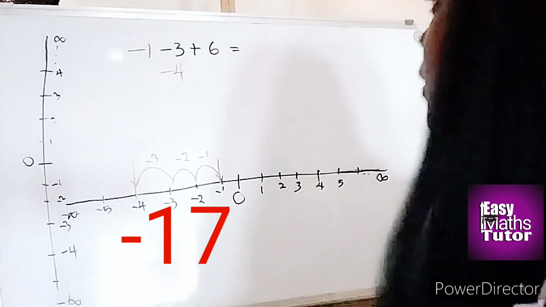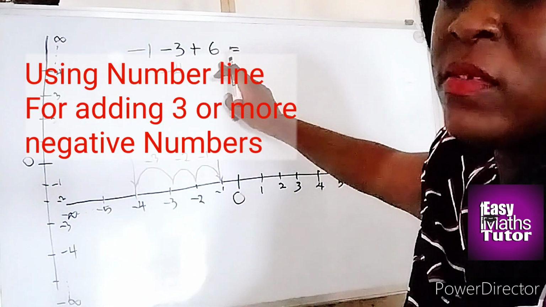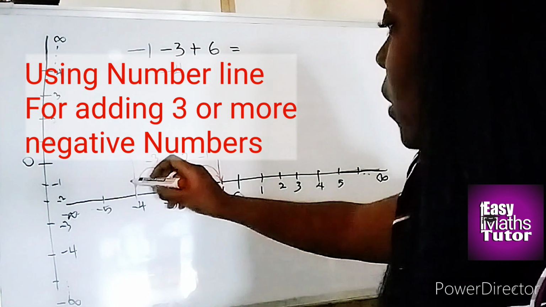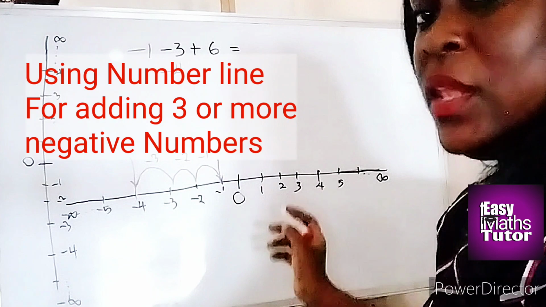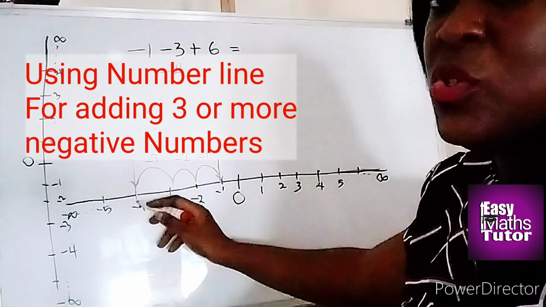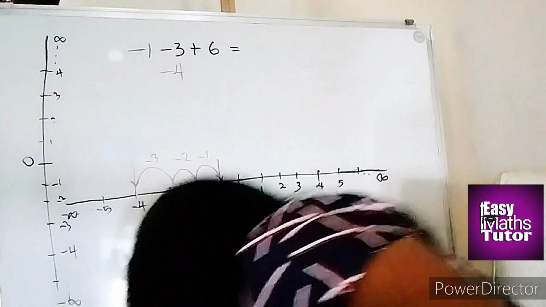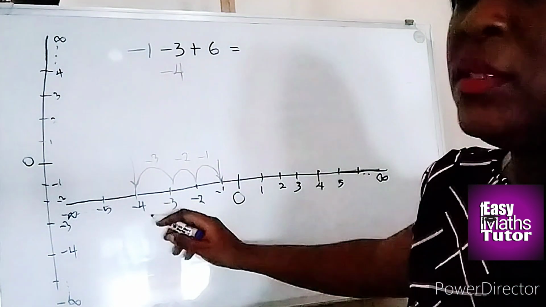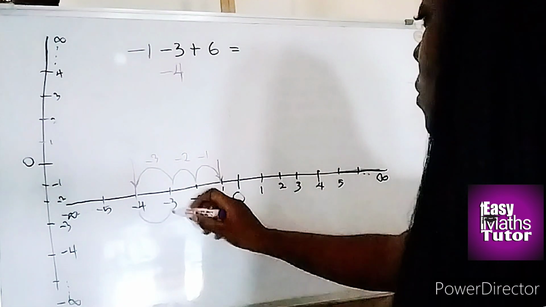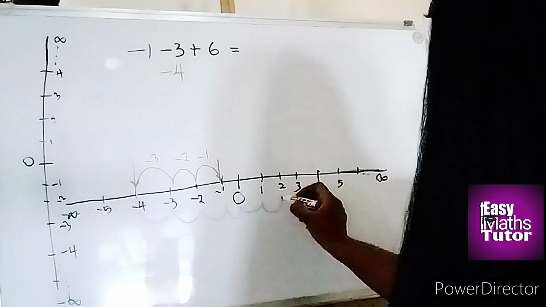All right? Then we said +6. So from this point that we landed, we will count 6 times to the right. Let's use another color to count. So from -4, we're counting 1, 2, 3, 4, 5, 6.